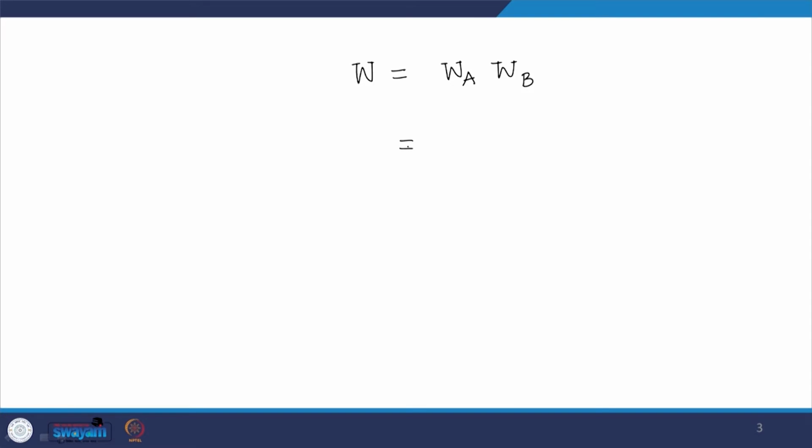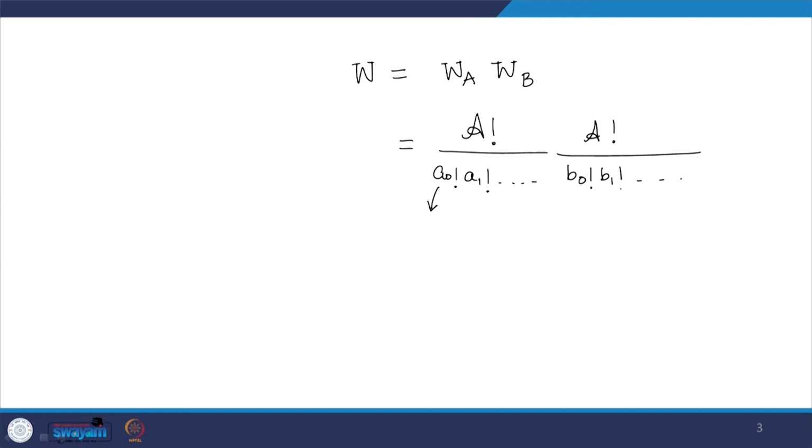So, we can write W_A as A factorial by A_0 factorial, A_1 factorial and so on, and similarly for system B, again you will have the same number of systems, but the occupations will be B_0, B_1 and so on.